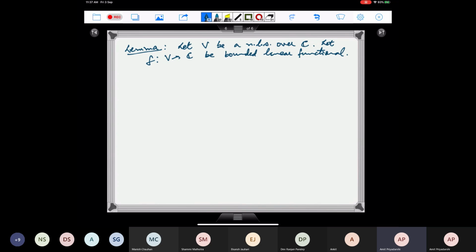So let f is equal to g plus ih, where g and h are real valued linear functionals.